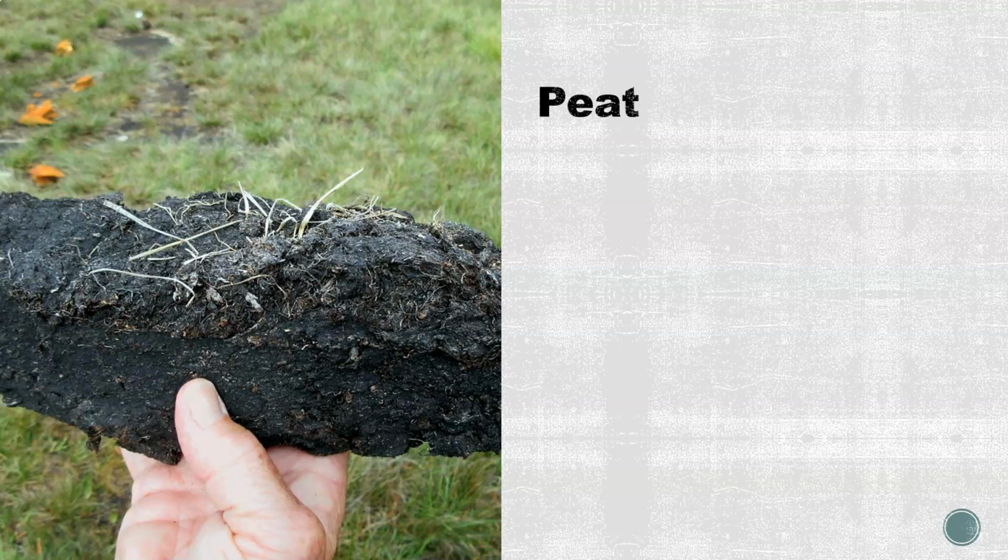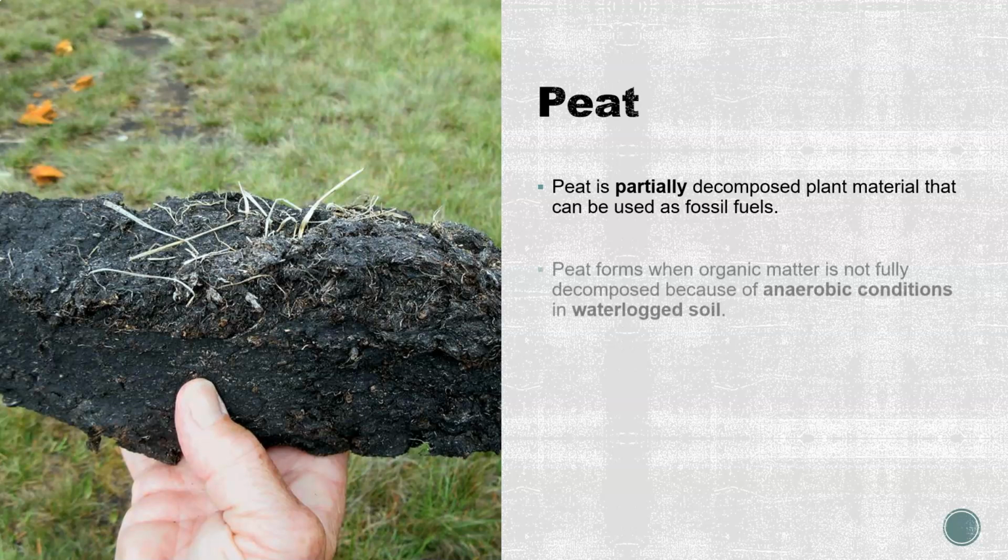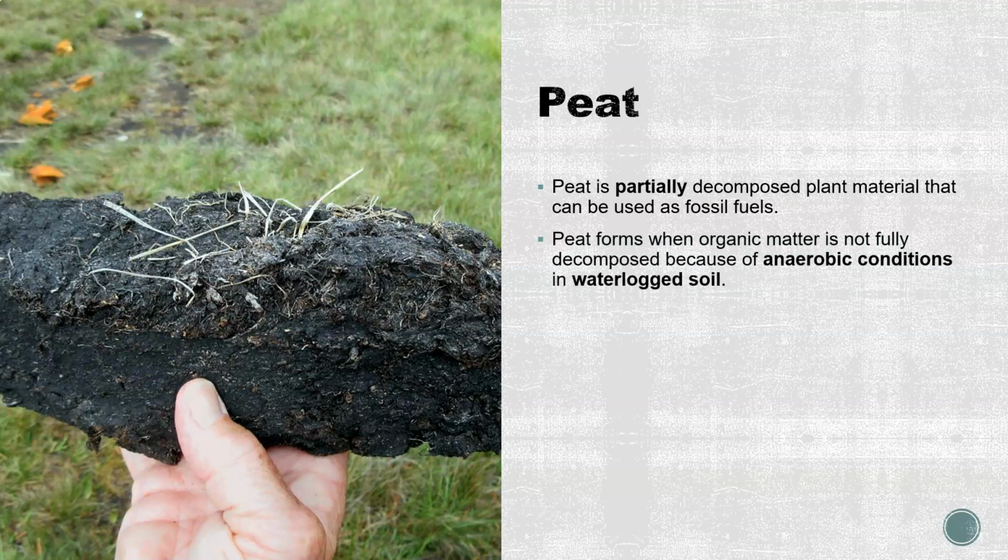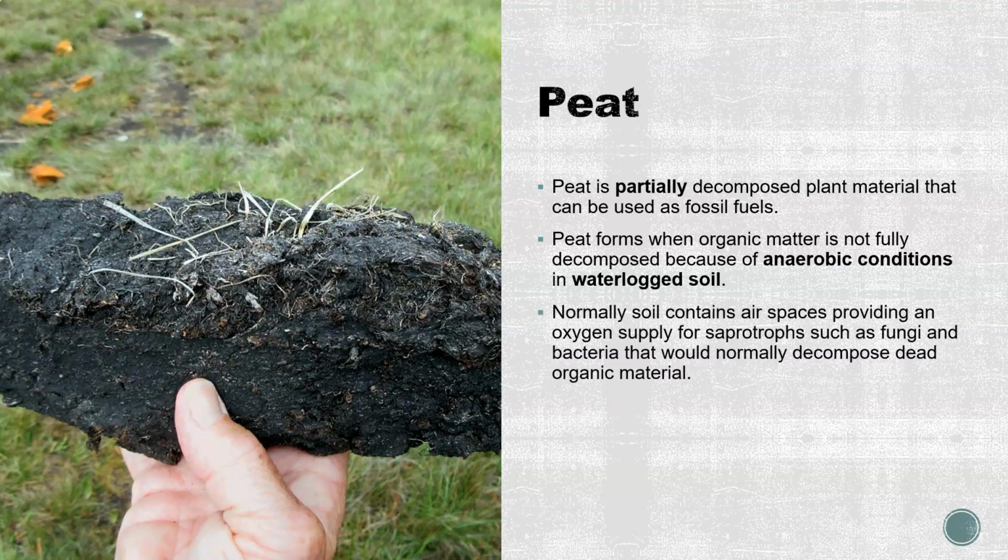Now, peat. Peat is partially decomposed plant material that can be used as a fossil fuel. Peat forms when organic matter is not fully decomposed because of anaerobic conditions in waterlogged soil. Normally, soil contains air spaces, providing an oxygen supply for our saprotrophs. Remember, we've spoken about them in our previous video.